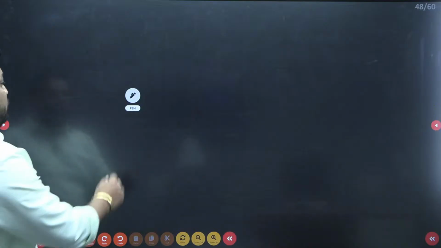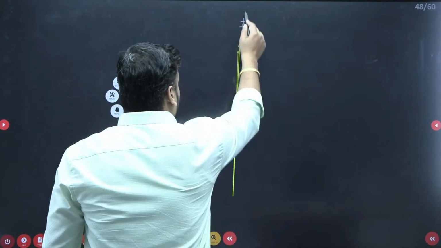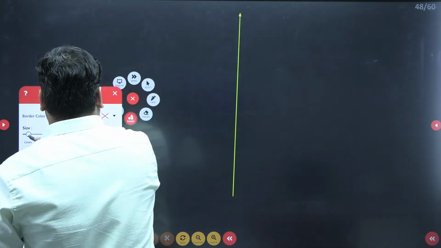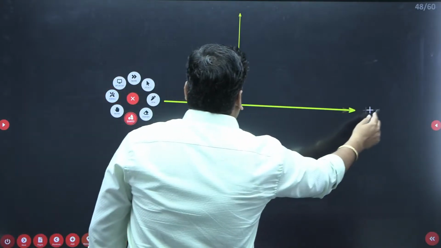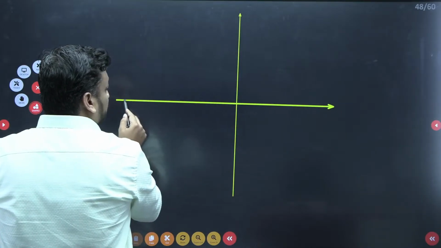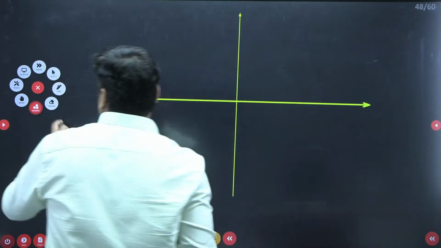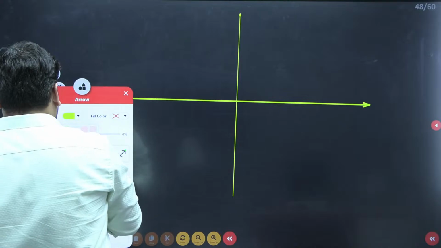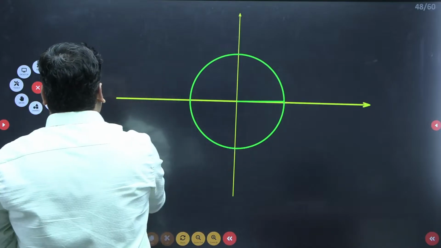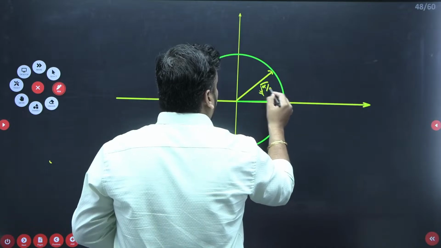I should take a circle. I will explain the ROC using the diagram. This is my root alpha by 2, the complete circle of radius root alpha by 2.